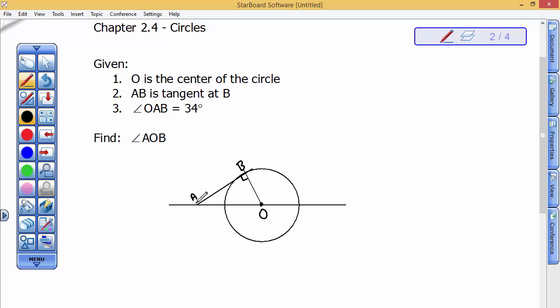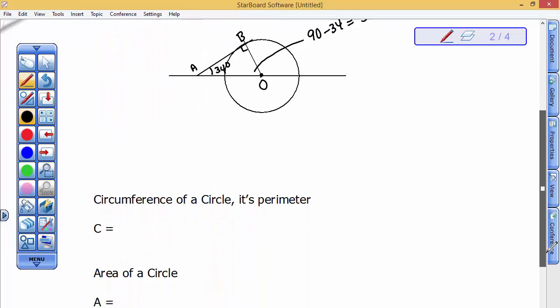And angle OAB right here is 34 degrees. We're asked to find angle AOB, and it's a pretty simple problem, because this tangency point causes a 90-degree angle. These two angles should equal 90 degrees, because the sum of the angles in the triangle is 180. So 90 minus 34 is 56 degrees. So angle AOB is equal to 56 degrees.